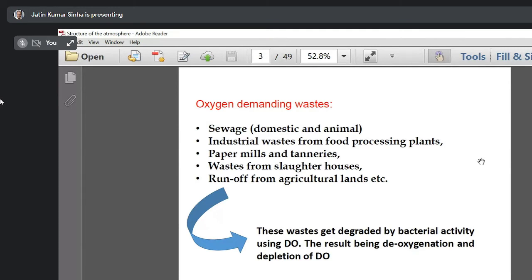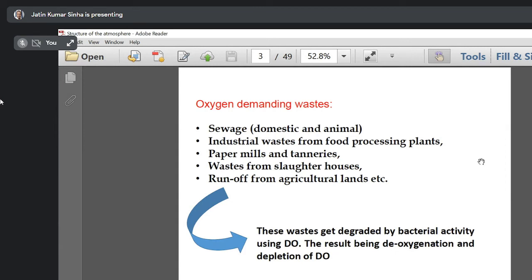Then we have industrial waste from food processing plants, then material industries like paper mills or tanneries, then waste from slaughterhouses, then runoff from agricultural lands. These are the wastes which demand oxygen. What does that mean? For the decomposition of these organic pollutants, they use oxygen.